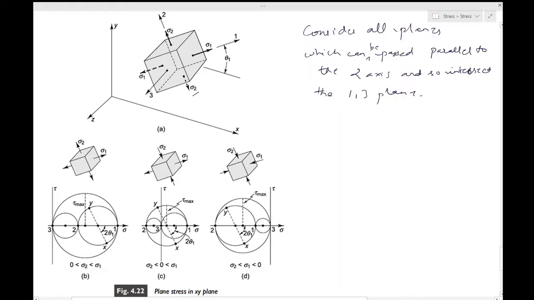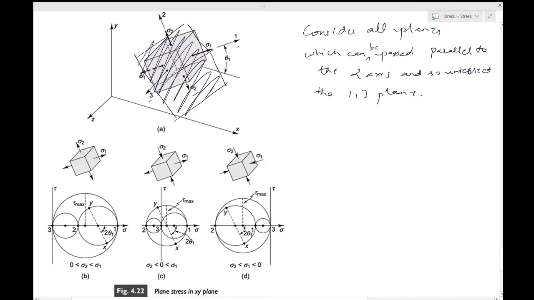So you have this 1 3 plane, okay, and you want to have planes which are parallel to this axis. So I am drawing an inclined plane. See if it makes sense. So this is a plane like that.